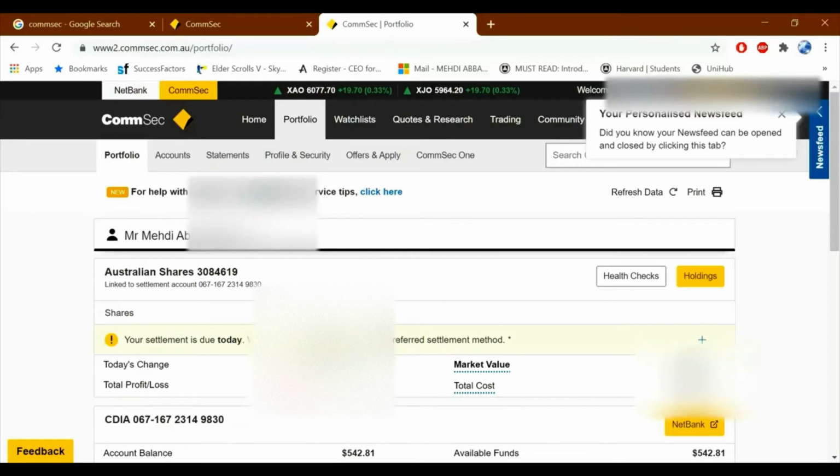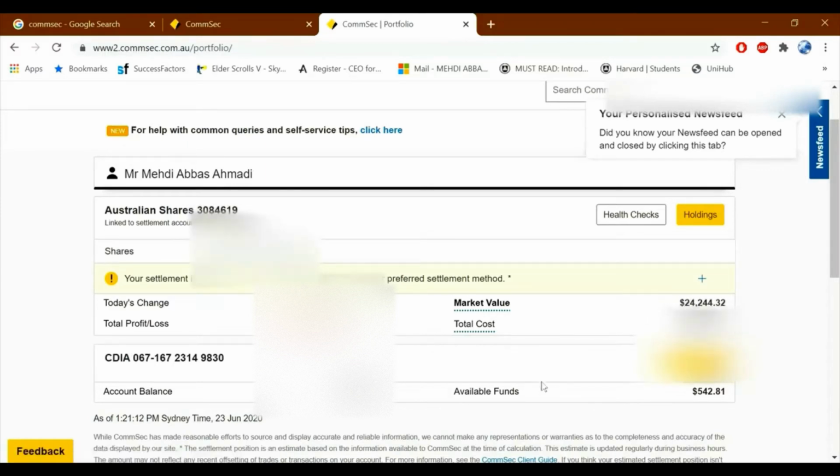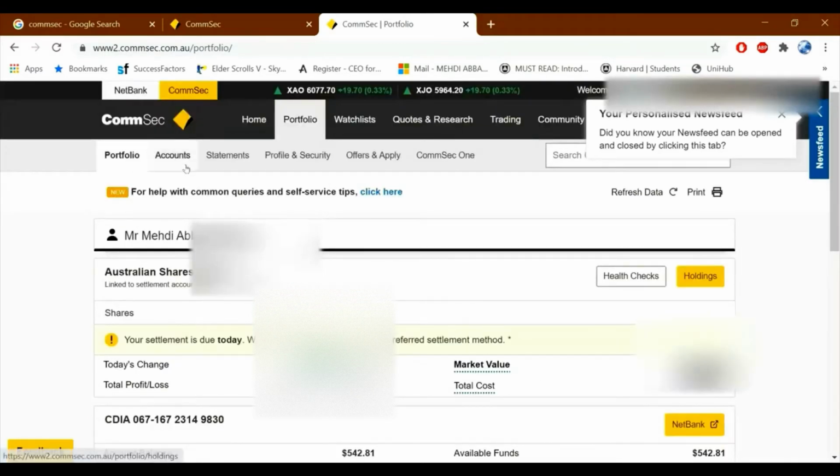Your total cost, how much the whole portfolio cost, and also market value, how much it's worth on that day if you sell everything in your portfolio. And the CDIA account is below, so you can transfer money in here from your NetBank. That's it.